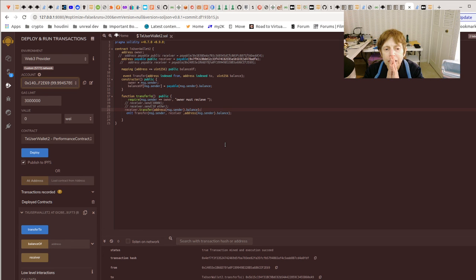I haven't got it quite right, but this is a key thing, because in a lot of these contracts you may be transferring Ether between wallets, and it's important to understand how to do that correctly. So far we haven't quite gotten it, but once we have it, that should complete the contract.